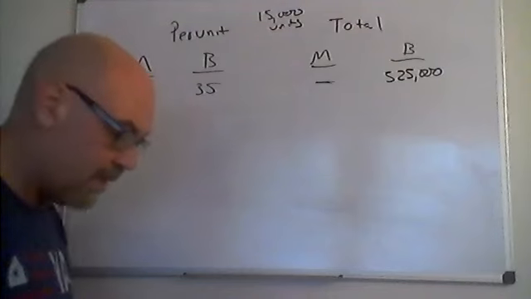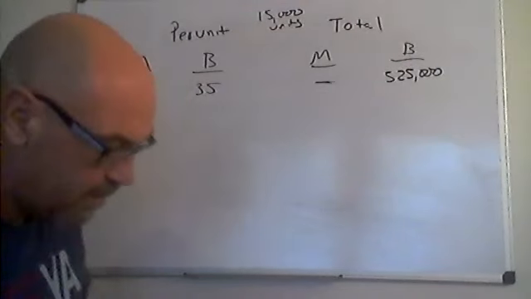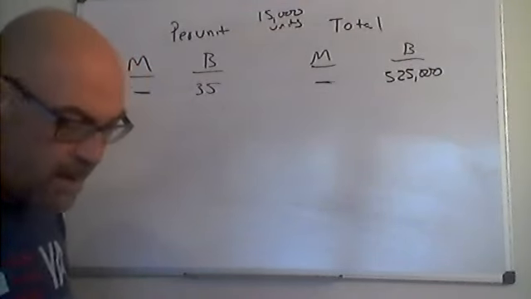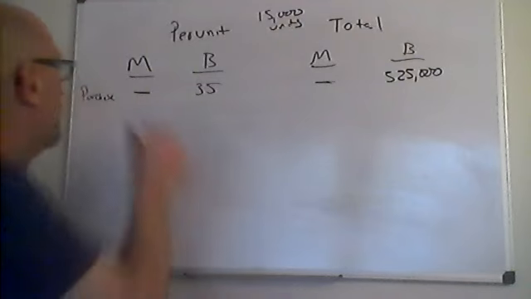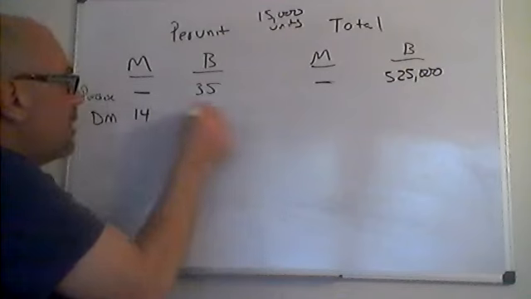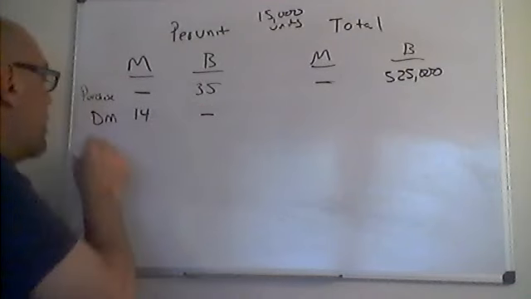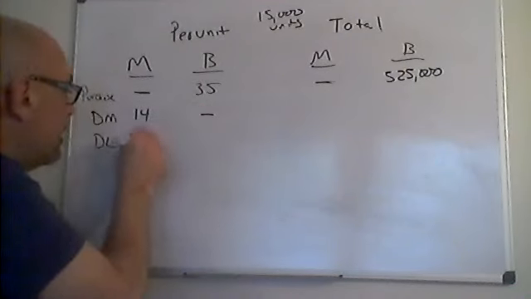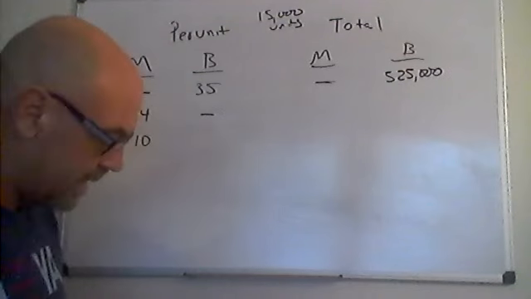So now, if I'm going to make them, we use the information given. The direct materials, not going to change. So we'll have 14. Our direct labor is still $10 if we decide to make them.